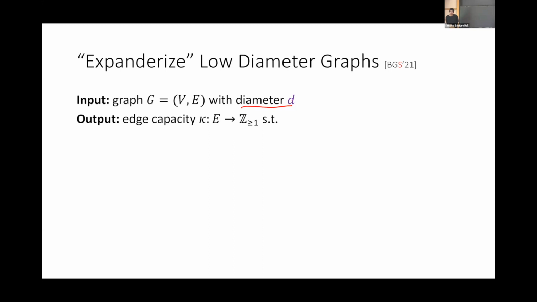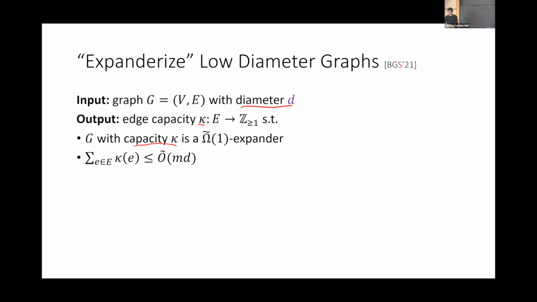It turns out that there exists a way to assign an edge weight, or edge capacity, I call it kappa, on each edge, such that when you look at this graph with capacity kappa, it becomes an expander.